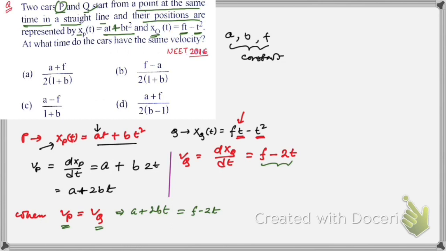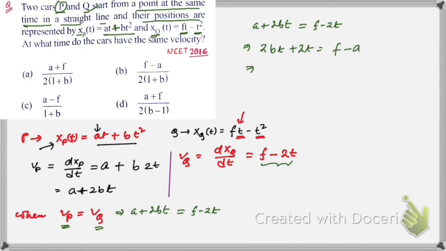Now let me solve here. I'll simplify this equation to get t. So 2t times (b plus 1) equals f minus a, with 2t taken common.